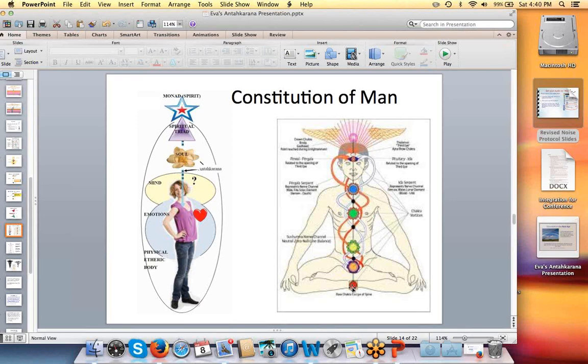This is the life stream or the Sushumna. And then we have the Ida and the Pingala going through the various chakras, all of them meeting really at the top of the head. And it's depicted here as wings because the solar angel who ensouls itself within the causal body is thought of as an angel, whether it be a guardian angel or what, and that's why the wings there.